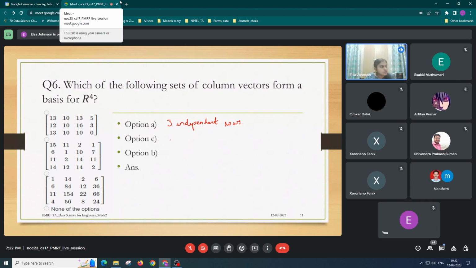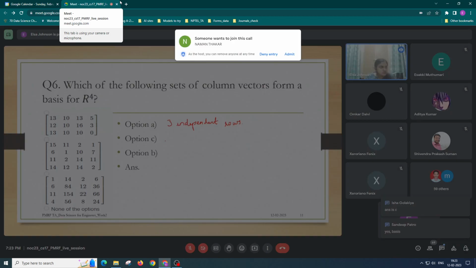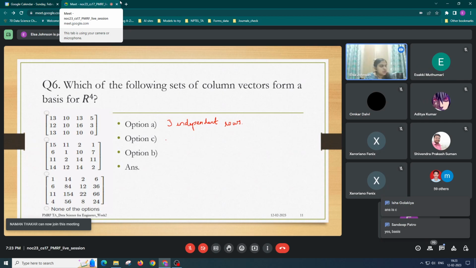Okay, so for the second, I'm taking option C next. Can you tell me the problem with option C? Okay, and Isha, can you tell me why did you think that our answer is C?